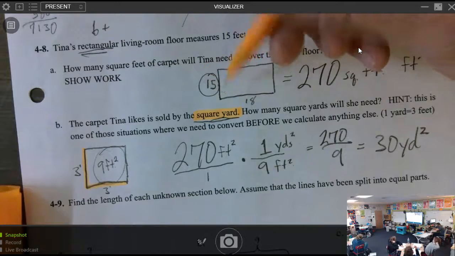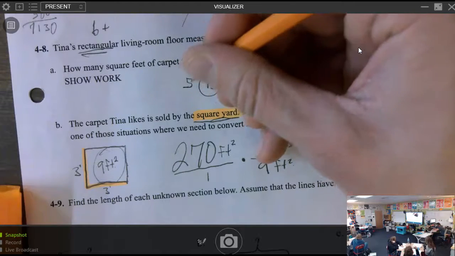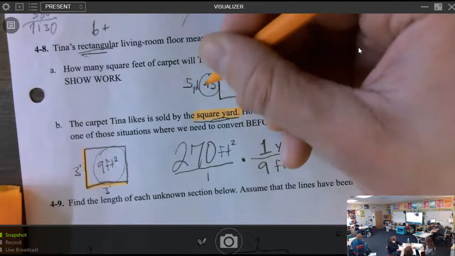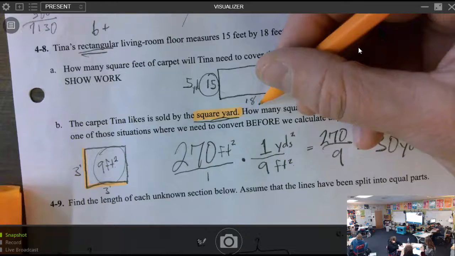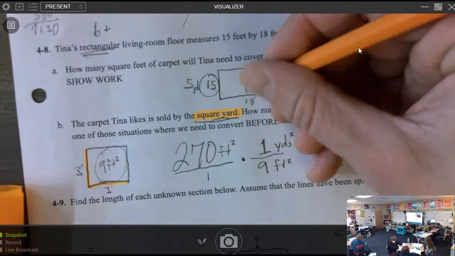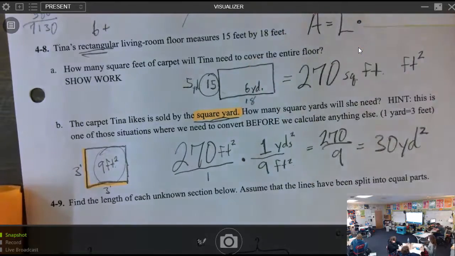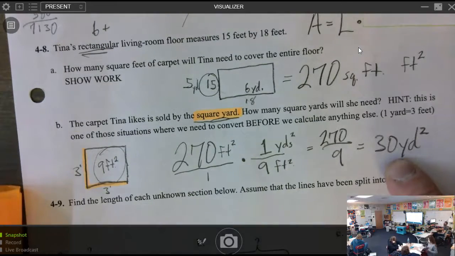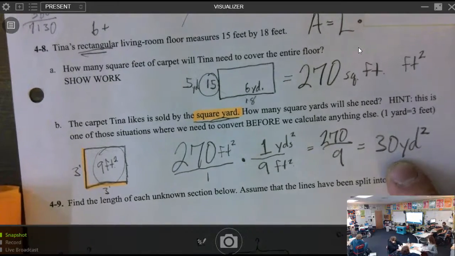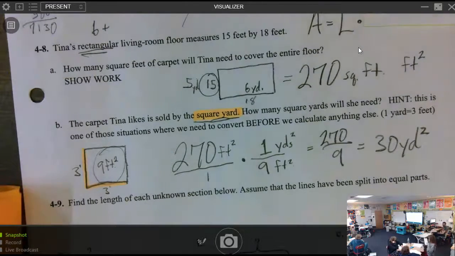So if I divide that by 3, this is really 5 yards. 18 feet is really 6 yards. What's 5 times 6? 30. You got to Florida. You went a different route. You got to the right place. I thought that would be easier, she said.